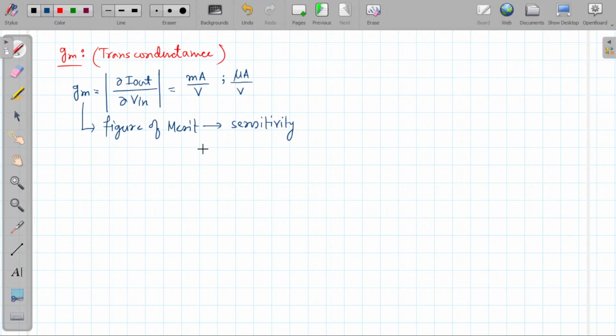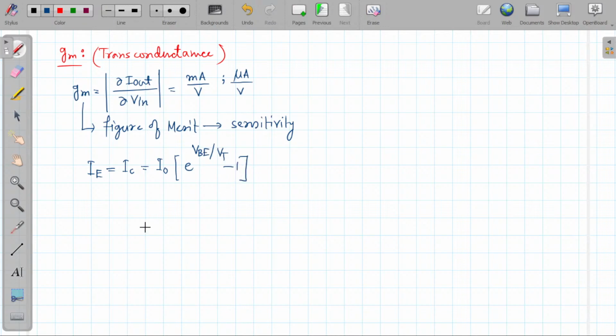So you can see that the transconductance value is nothing but the change in the output current divided by the change in the input voltage. Now we know that IE is the output current, so IE is equal to IC, that is equal to I0 times e to the power VBE divided by VT minus 1.